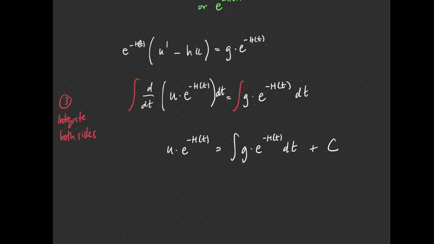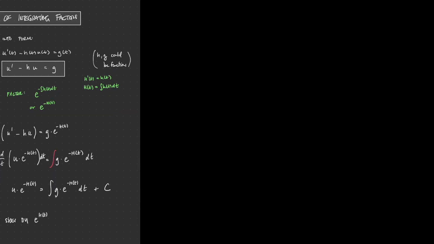Now to solve for u, which is our goal, we're looking for a function u of t. We're going to multiply both sides by e to the positive H of t. As we saw last time, this will undo these negative exponents.